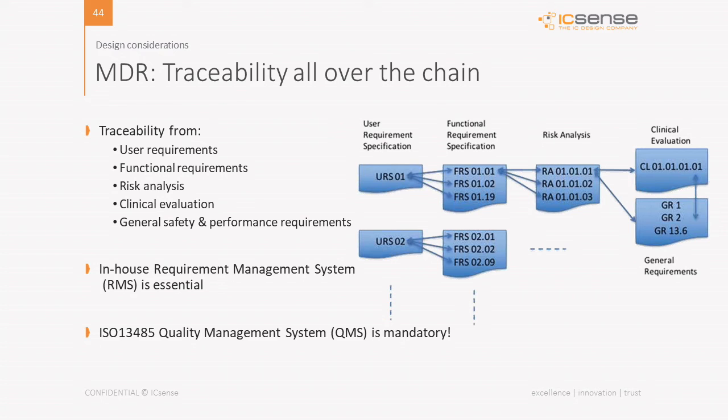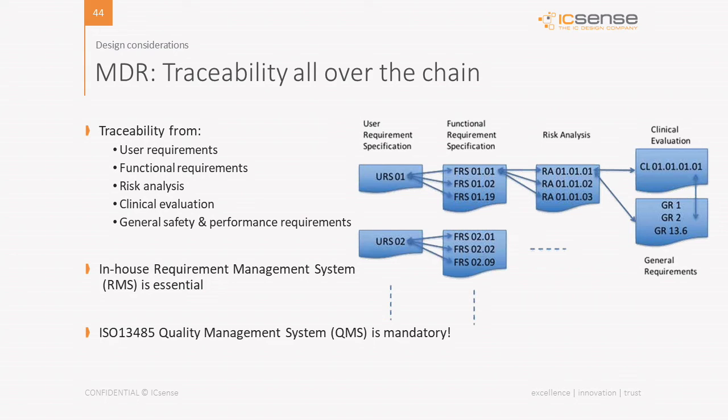As you all know, one user requirement can determine several functional requirements, and each of these functional requirements can be involved in several hazards and associated risks, and each risk can be identified through a risk analysis and can also be linked to one or more questions. So you see, it's a quite nested structure. That's why it's very important to have an in-house requirements management system that keeps track of all these different levels of documentation and how this is all linked together.